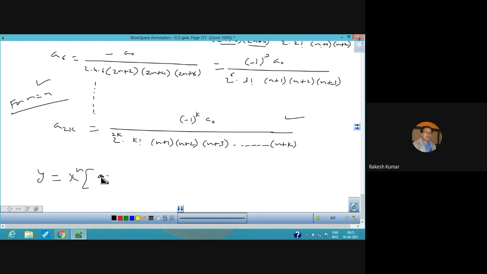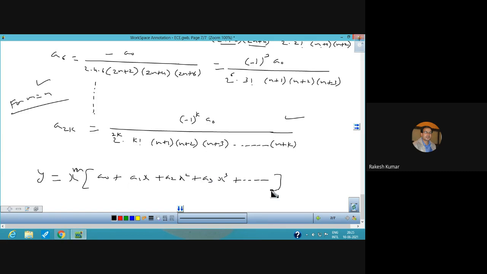Inside we were having a naught, if you remember. We were actually having the solution x raised to power m, this was a naught plus a1 x plus a2 x square plus a3 x cube.